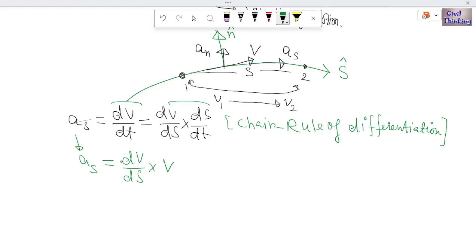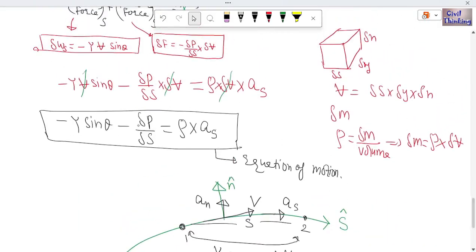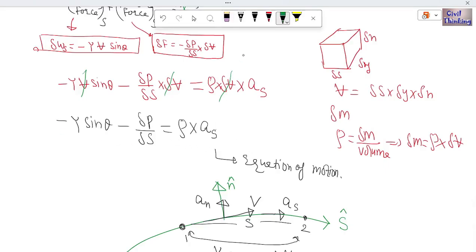Here I can write density times acceleration along the streamline, which is the rate of change of velocity along the stream, times v.